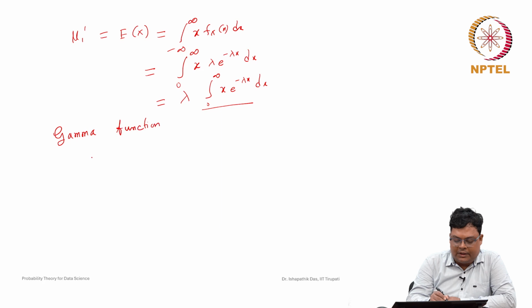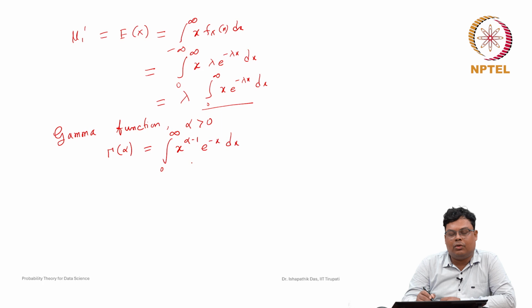So, this gamma function, for any alpha greater than 0, gamma alpha is defined by the integral from 0 to infinity of x to the power alpha minus 1 e to the power of minus x dx. You have learned in integral calculus, in the mathematics courses, that this is an improper integral, but it is convergent and has some value.